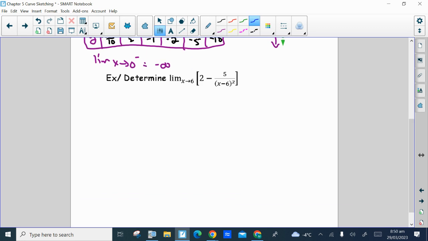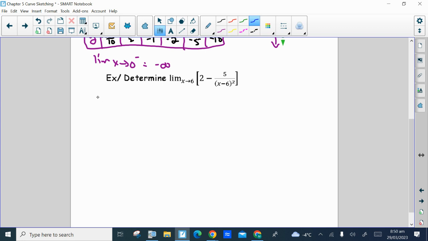Determine the limit as x approaches 6, which is our non-permissive value. Determine the limit as x approaches 6 of that function. So we could do it the same way that we did the last one, by setting up a table of values. But we can also do this by applying some logic here.